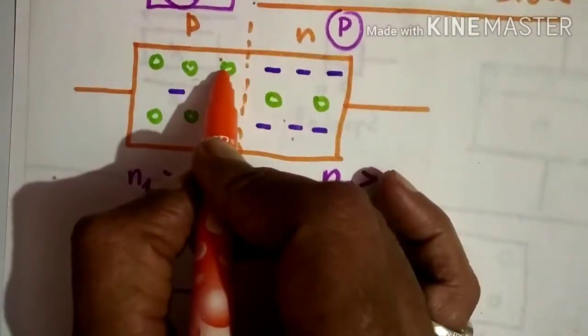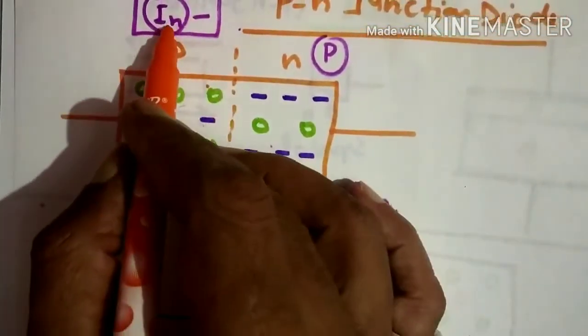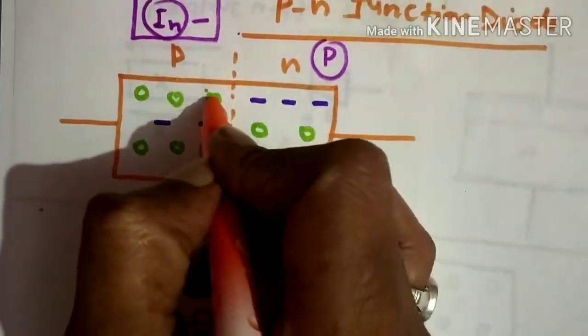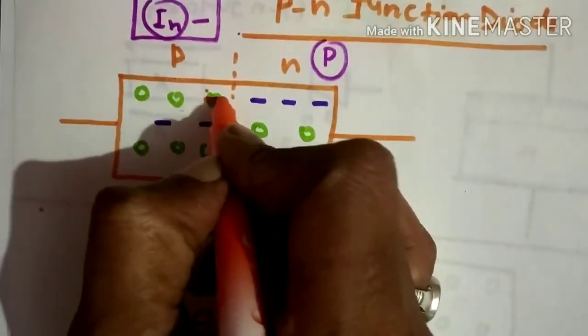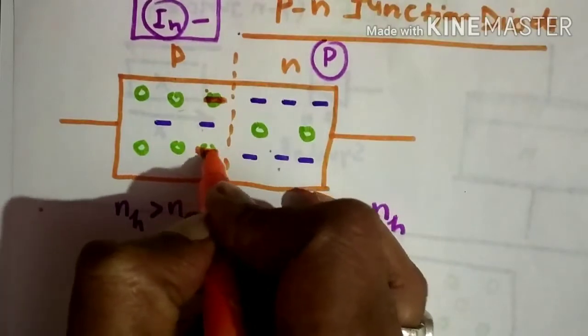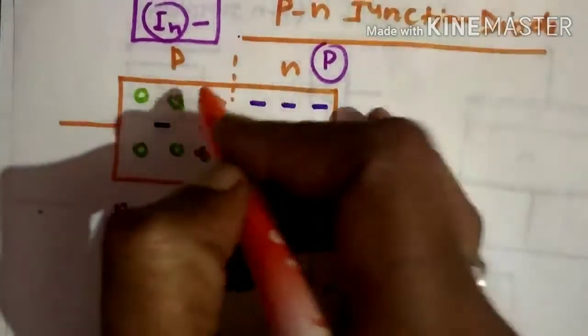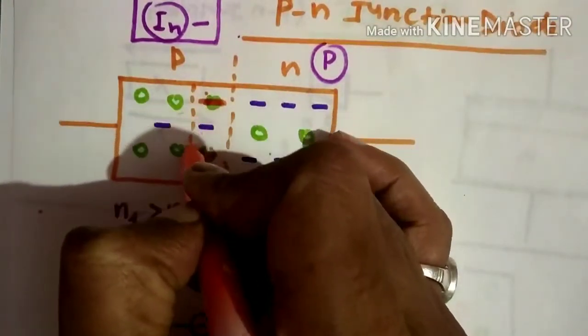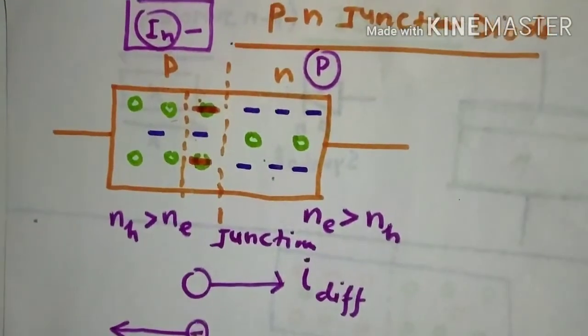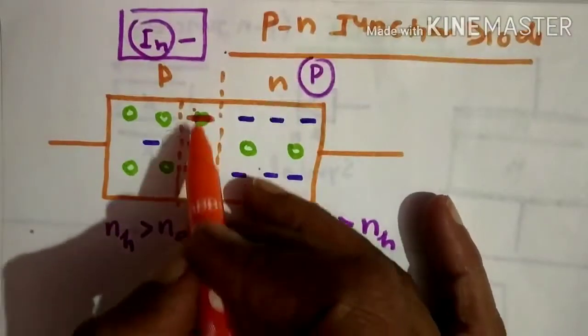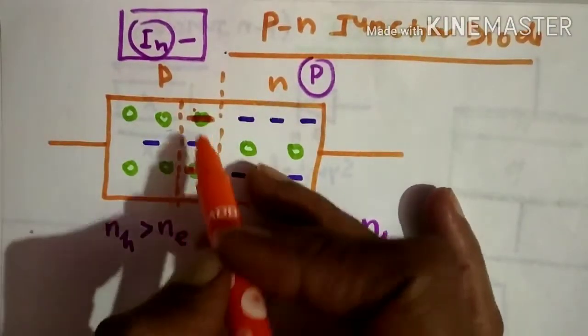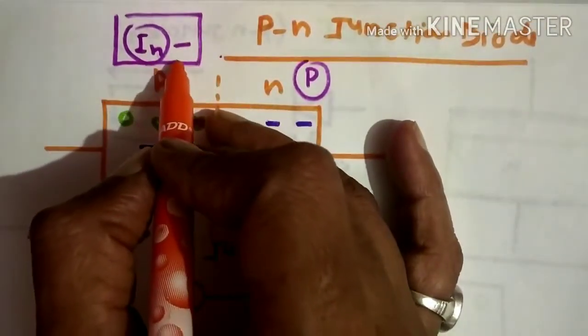So when these electrons move to this indium, the holes will occupy these electrons, and these electrons will be known as immobile negative charge. Actually, these electrons which are appearing here are the negative indium cores.